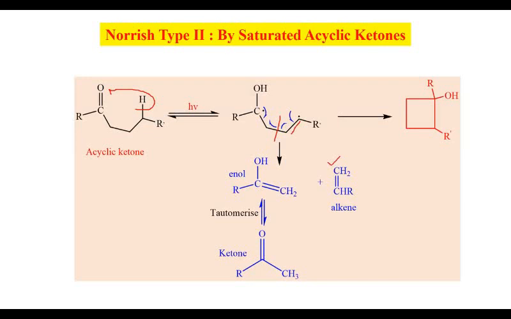The second option is that this 1,4 biradical is cyclized to form a cyclobutanol. The possibility of cyclobutanol is very low as 4-member rings are unstable. So the ketone and alkene will be the major product.